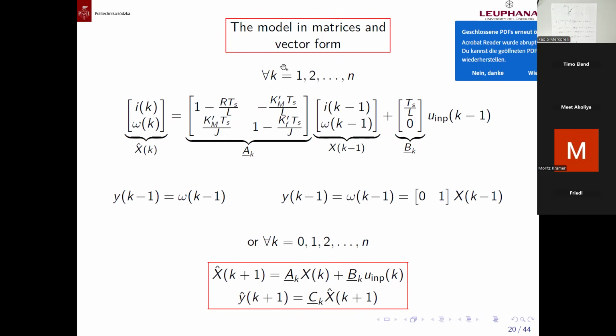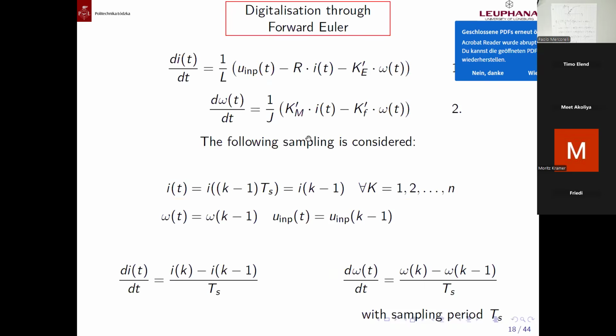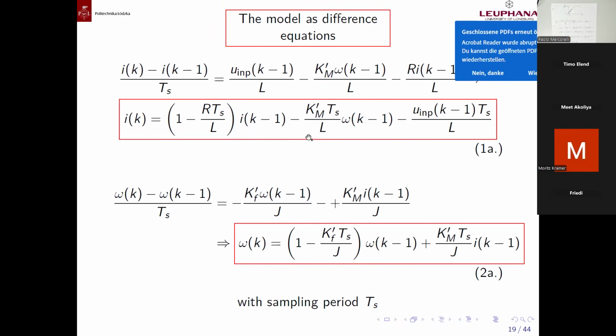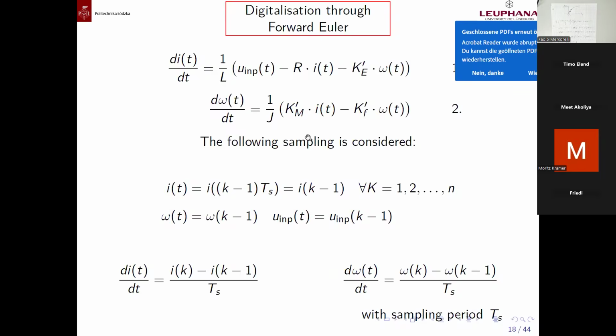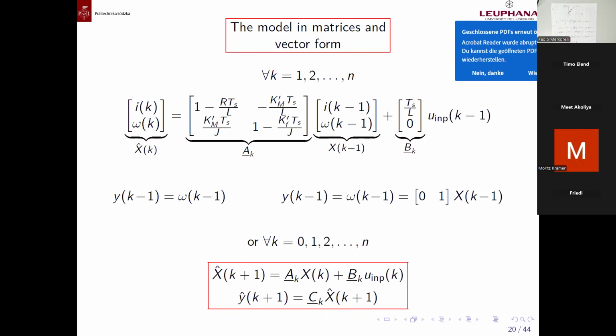The thing which I did here, I am considering k not starting from 0, but k starting from 1. This means we don't have k plus 1 on the left, but we have k. This lecture is directly understandable.